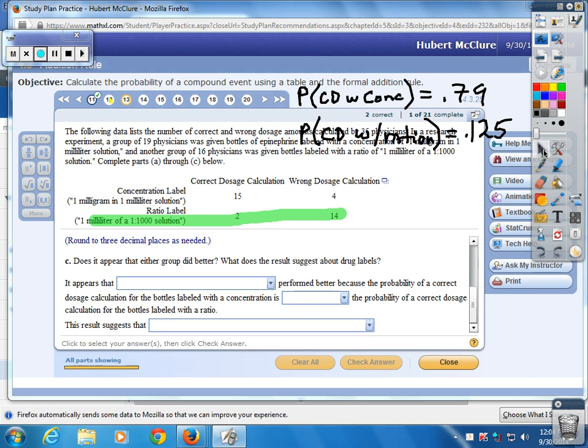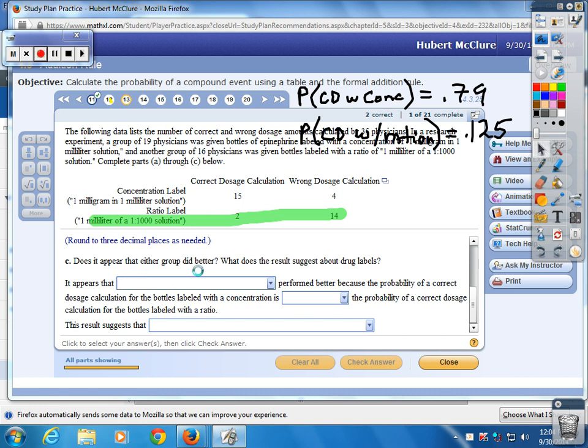But what is a ratio? A ratio is a fraction. So that means the directions on the label say give 1/5 of a dose per 100 pounds or whatever the case may be. And the other one says give 1 cc per 100 pounds. And evidently the doctors don't know how to read fractions.